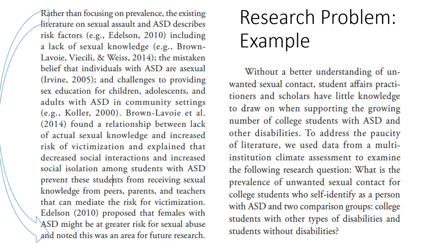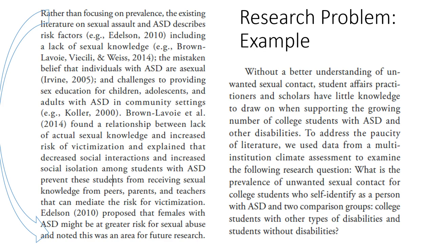rather than focusing on the prevalence of sexual assault, the existing literature describes risk factors for assault, and in particular, risk factors including lack of sexual knowledge, the mistaken belief that individuals with disabilities, and ASD in particular, are asexual or don't have the social skills to engage in relationships, and the challenges to provide sexual education for individuals with autism, particularly in community settings.